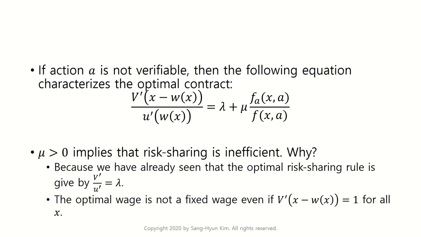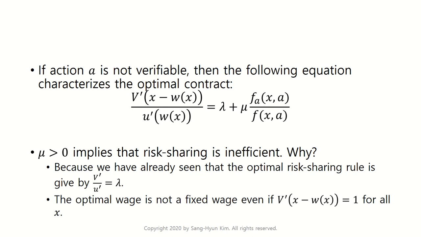By maximizing this w of x0, we derived the following equation. If action A is not verifiable, in other words, in the hidden action case, then the following equation characterizes the optimal contract.